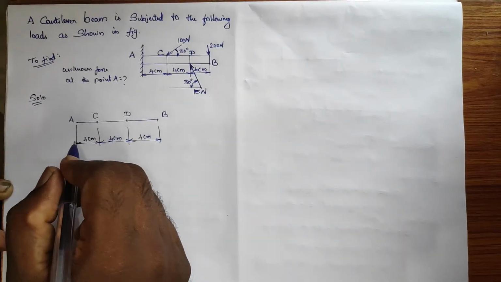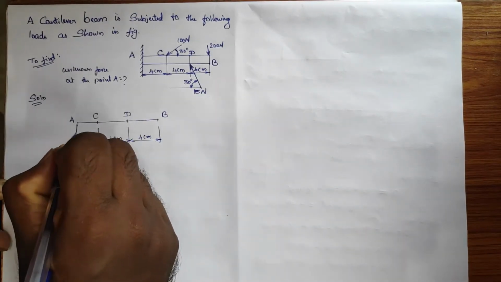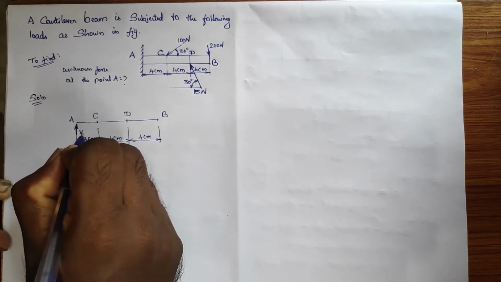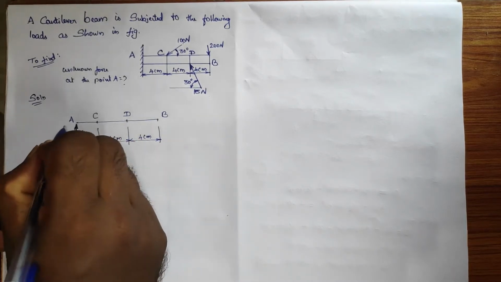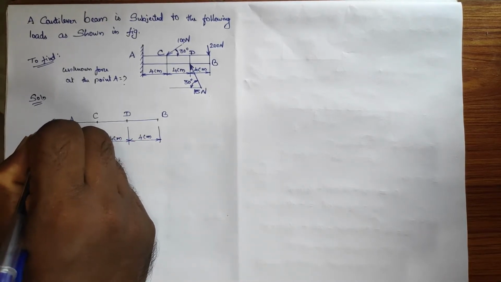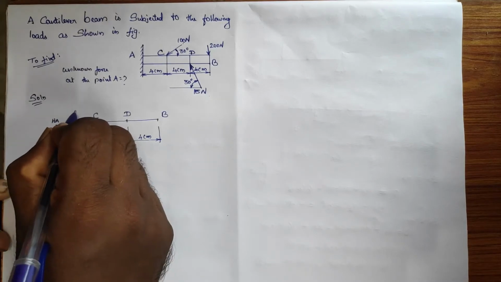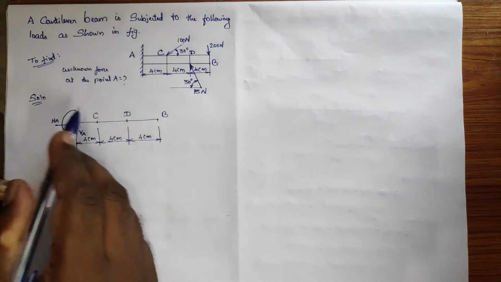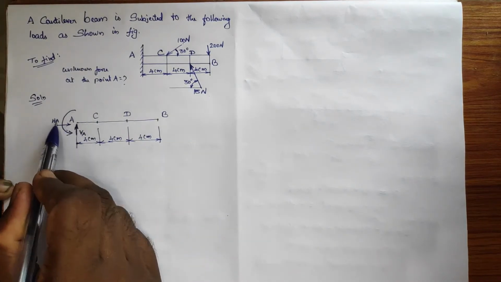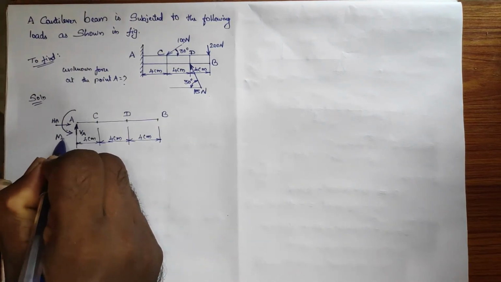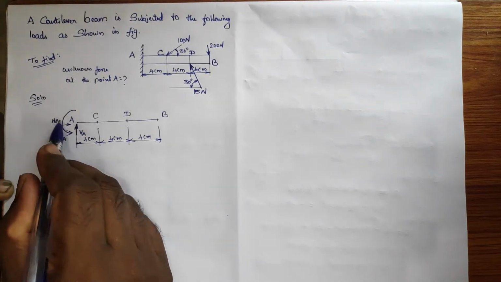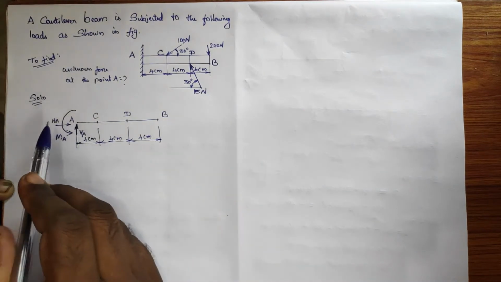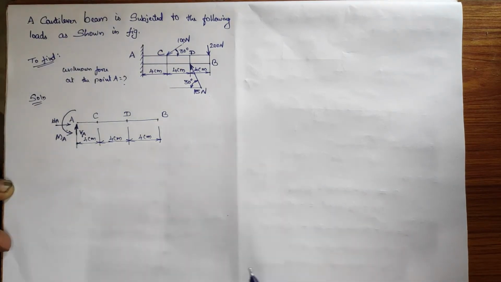So there must be three reactions: a vertical reaction at A, a horizontal reaction at A, and a moment, since it does not allow rotation. These are the three unknowns we are going to find: vertical force at A, horizontal force at A, and moment about A.